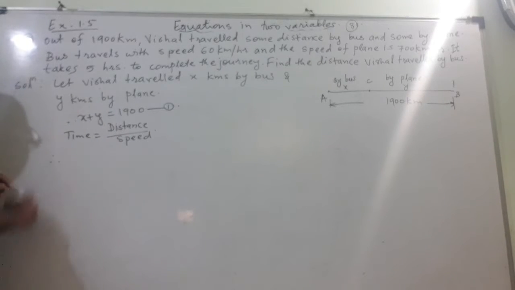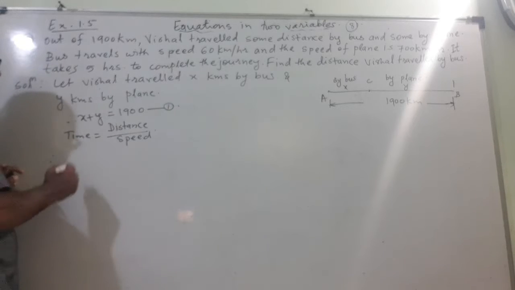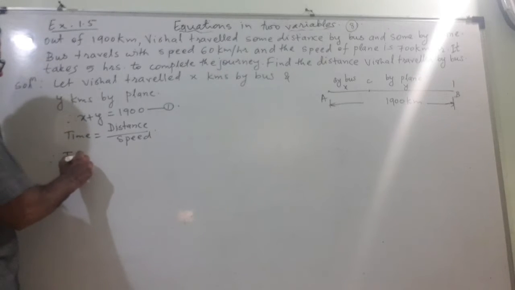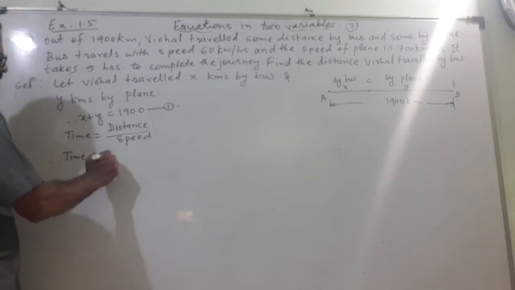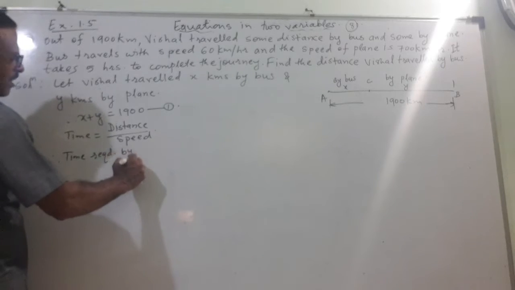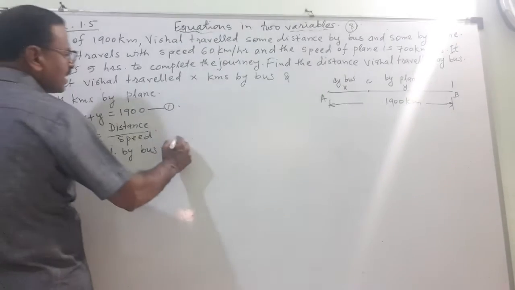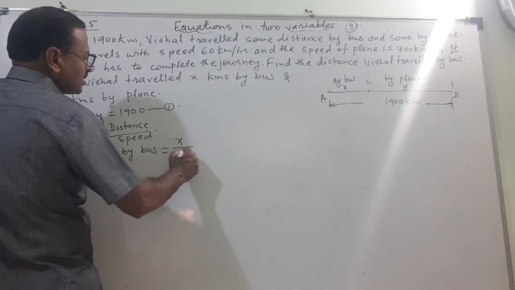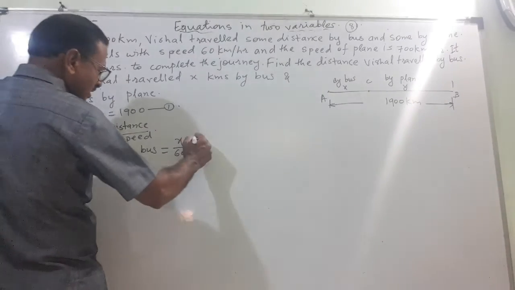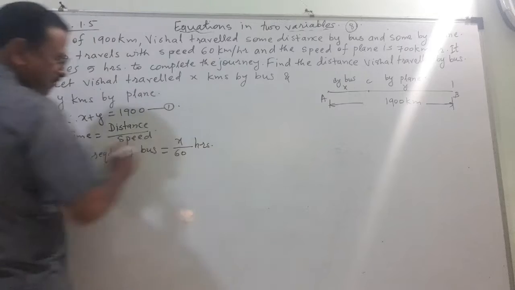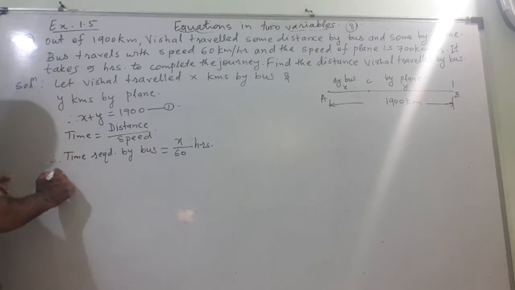Therefore, by bus how much time will be needed? Time required by bus is equal to distance, how much? X kilometers. Speed is how much? 60 km per hour, so this is in hours.